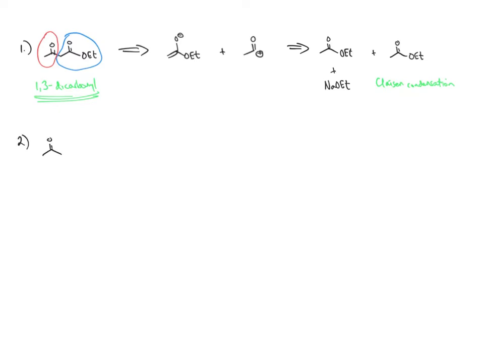So let's draw another type of reaction, but this time let's disconnect with a different enolate piece. Let's say that's the enolate and that's the electrophile. Okay, so for that we need an enolate piece that looks like this and an electrophile piece that looks like this.